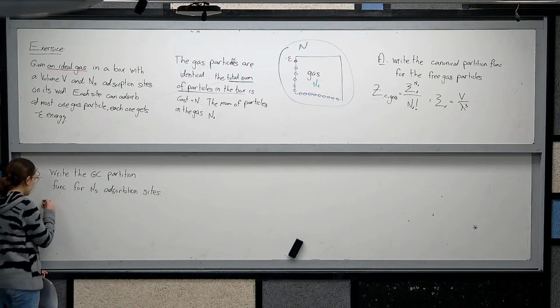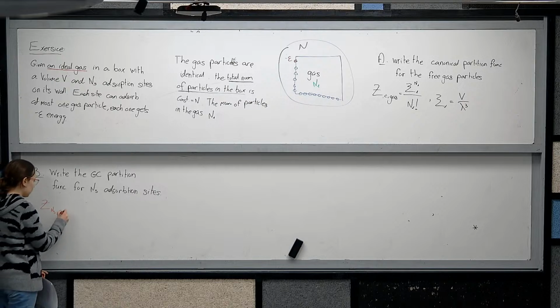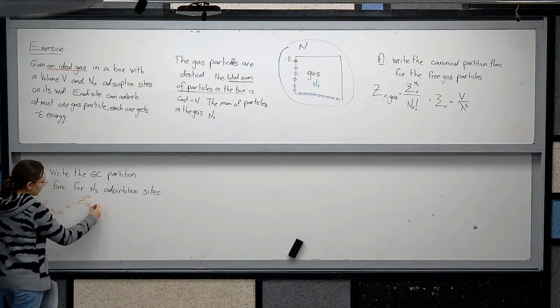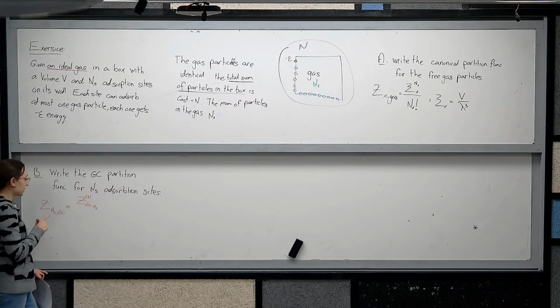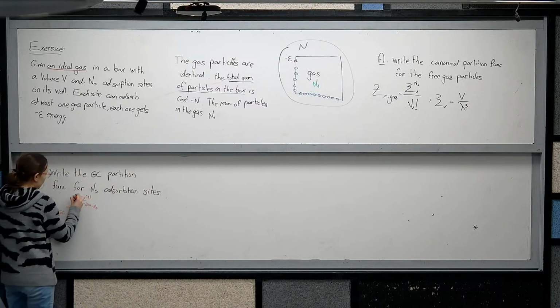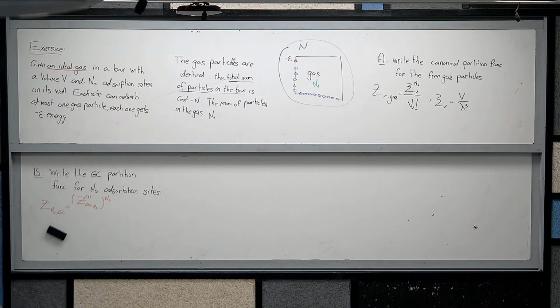We can write the total grand canonical partition function for the total number of adsorption sites as the subsystem partition function, let's write it as ξ1, for one adsorption site, to the power of the number of adsorption sites we have.